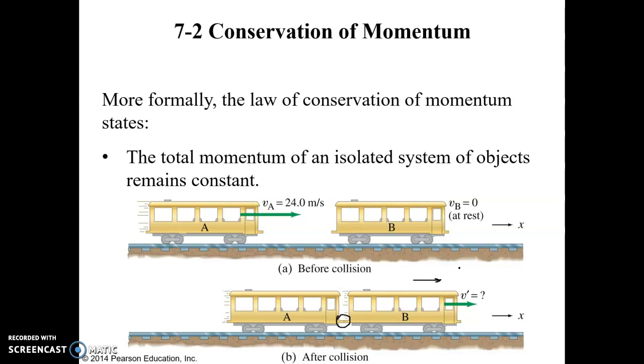So that's a key to solving problems like this: we may not know the final velocity, but we do know that it's the same for the two objects because they're linked together. Some other example problems the textbook might use are things like lumps of clay colliding with each other. One lump of clay slams into the other, and instead of bouncing off of each other like billiard balls, the two of them clump together and become one object with one single final velocity.